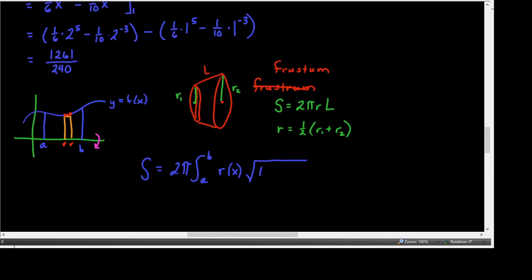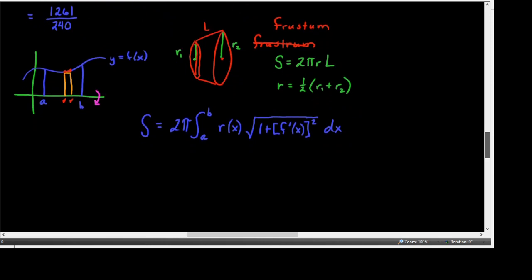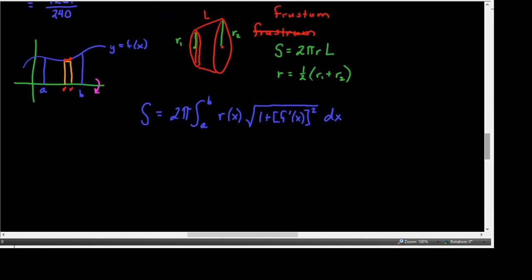And this is the part you're supposed to be going, I've seen that before. That's the square root of 1 plus the derivative of f quantity squared dx. So really, this looks a whole lot like any of the previous formulas with an extra 2 pi outside and an extra times r of x inside.